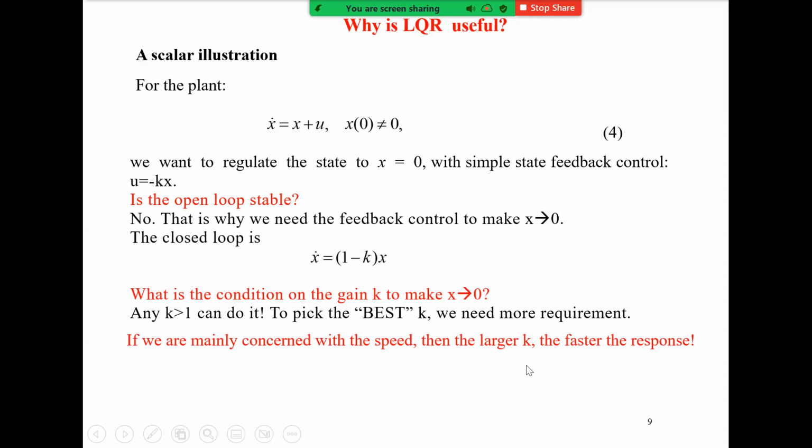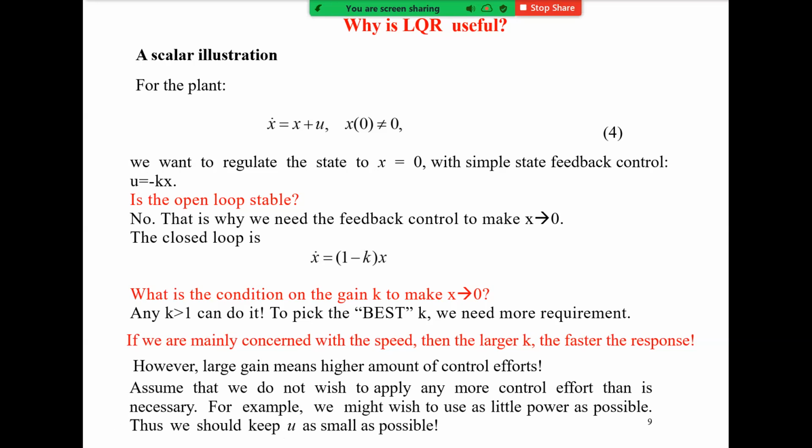If we are mainly concerned with the speed, we know that the larger k is, the faster x will go to 0. On the other hand, if you look at the expression, a larger k means a larger input signal, so a higher amount of control effort, which is a higher energy cost.